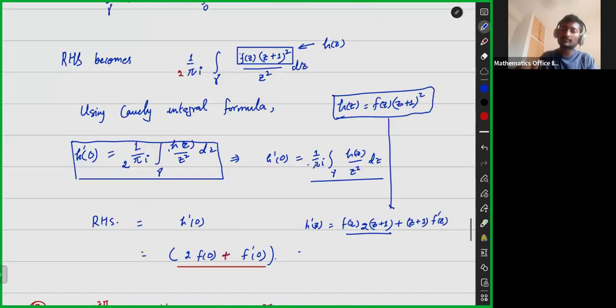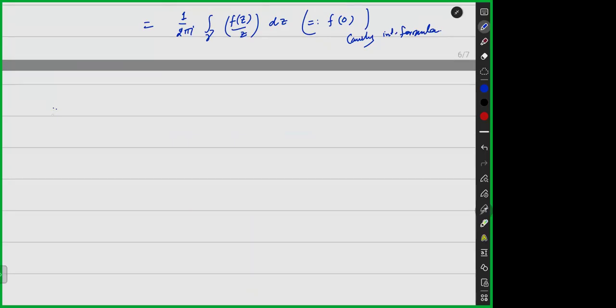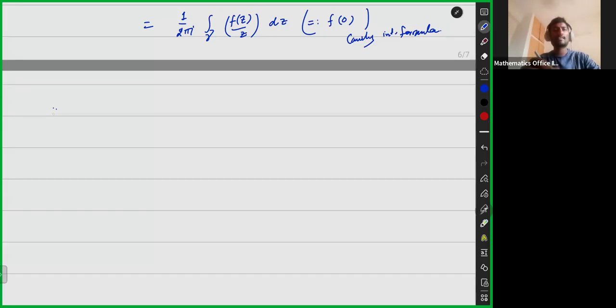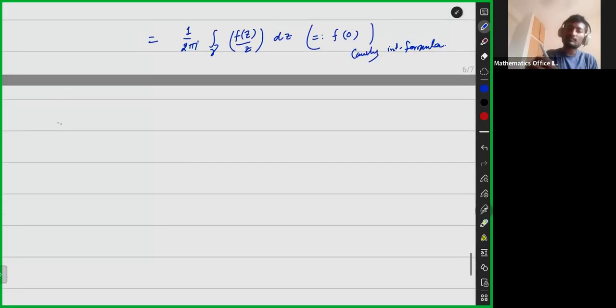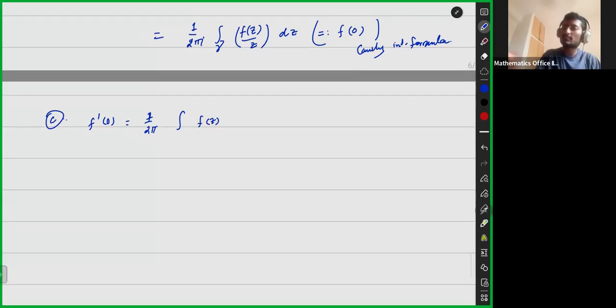So we start with the RHS. For part C, we have to show f prime at 0 is equal to 1 upon 2 pi, integral of f of e power i t times e power minus i t dt, 0 to 2 pi.